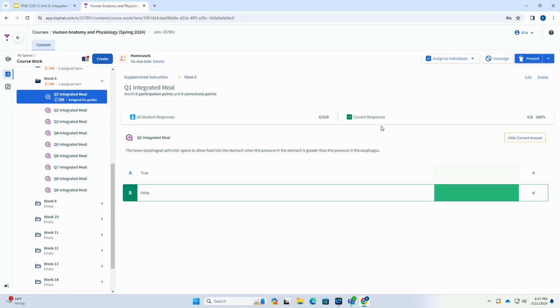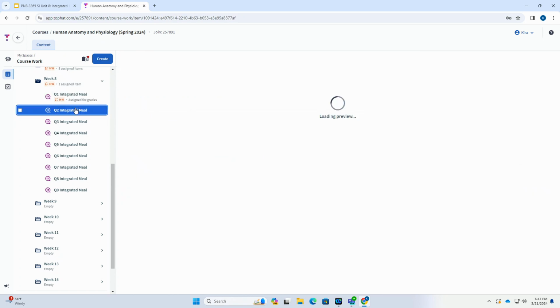So it's the opposite. The lower esophageal sphincter opens when pressure in the esophagus is greater than pressure in the stomach. The case where the stomach pressure is greater, causing the lower sphincter to open, would be like acid reflux.